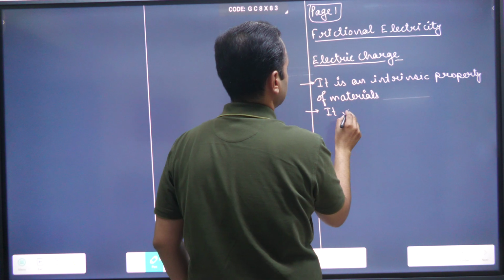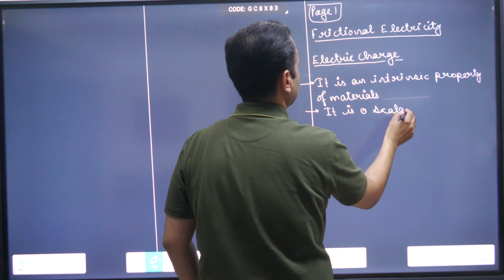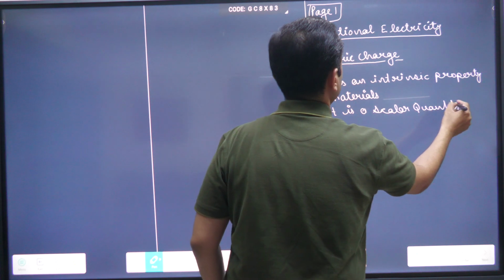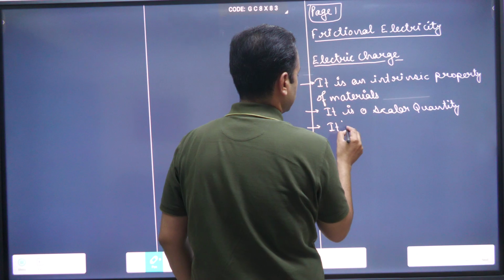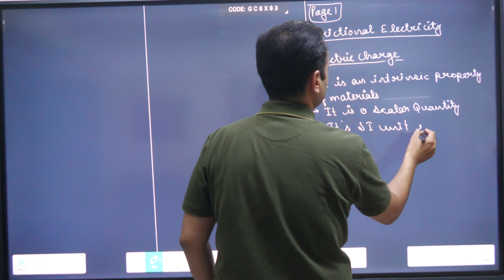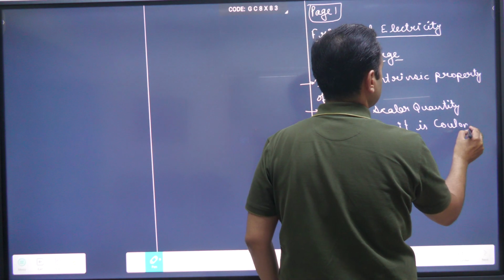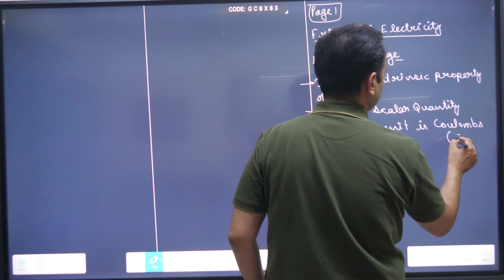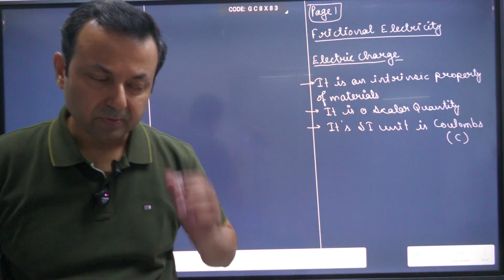Next, it is a scalar quantity. Next, its SI unit is coulombs. Spelling is C-O-U-L-O-M-B-S. In short, we write the unit of charge as C.